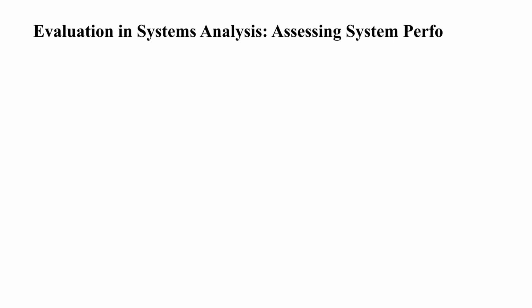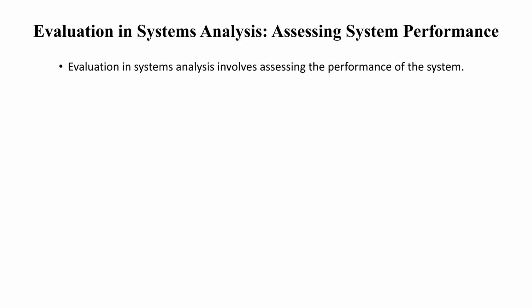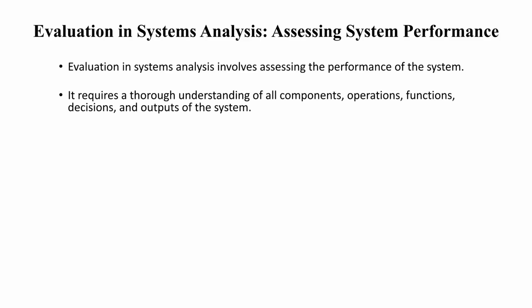Now, I will discuss evaluation in system analysis, assessing system performance. Evaluation in system analysis involves assessing the performance of the system, how the system is working. It requires a thorough understanding of all components, operations, functions, decisions, and output of the system.